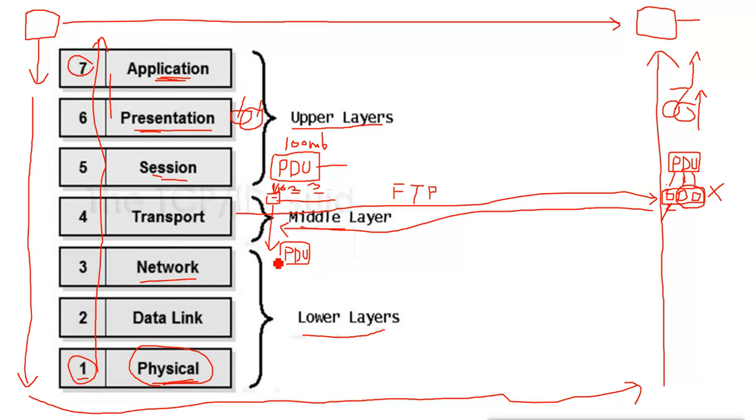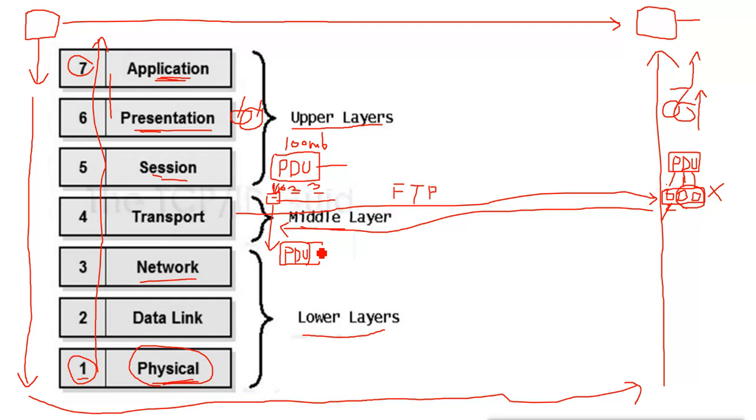Now when it reaches the network layer, this transport layer, in that PDU, attaches the information of itself. It is called a header. It added one header onto that basic PDU of the transport layer.